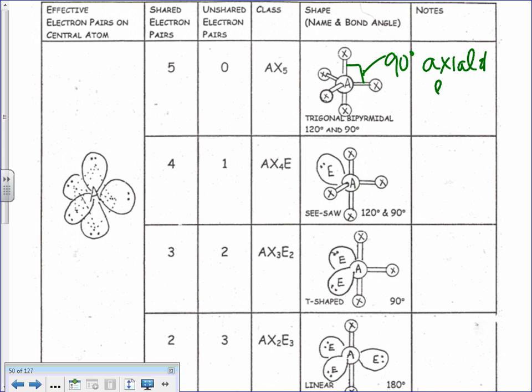But then between the equatorial region, between all those ligands, they take up 360, but they're divided by 3, so what's their angle? So what's 360 divided by 3? 120, so it's like 120 here, 120 here, and 120 here. So between the equatorial region, they're at 120 from each other equatorially.